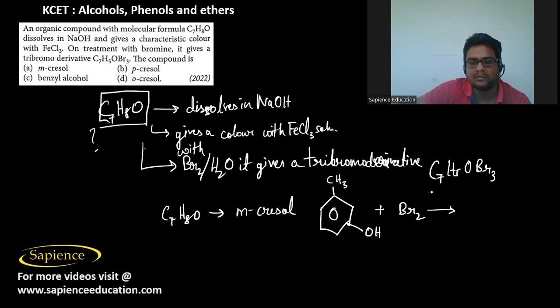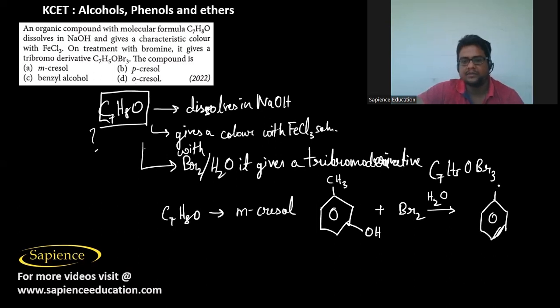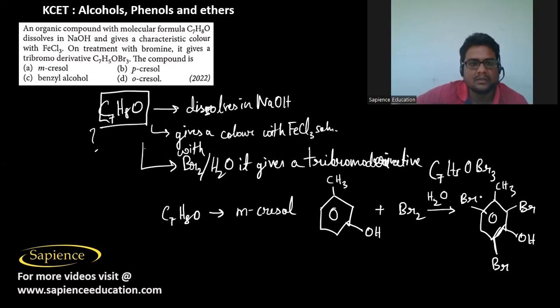With bromine water it will react to give a tribromo derivative, which is like this: OH, and here Br, here Br, and here Br. So a tribromo derivative it will give.